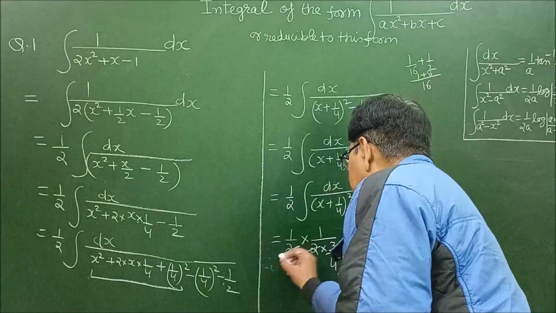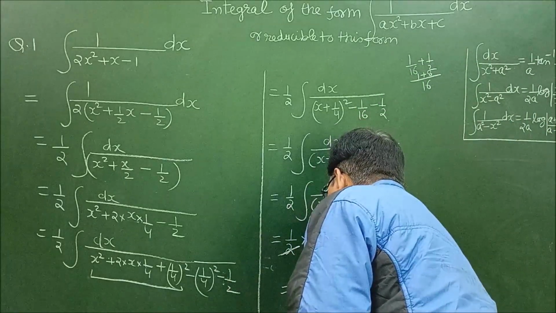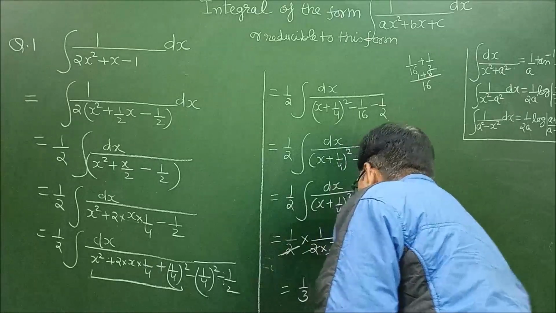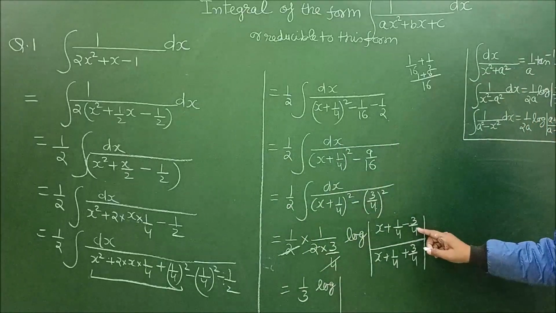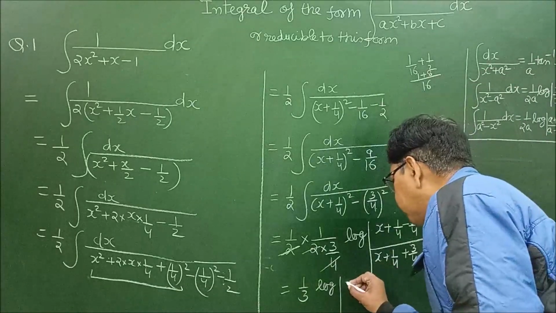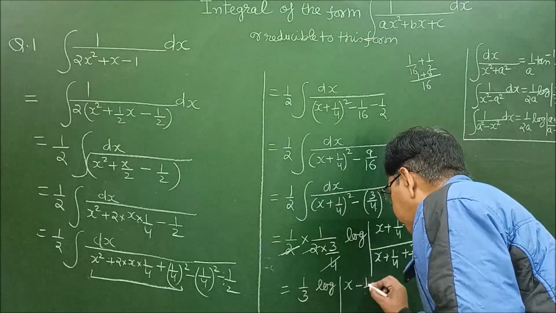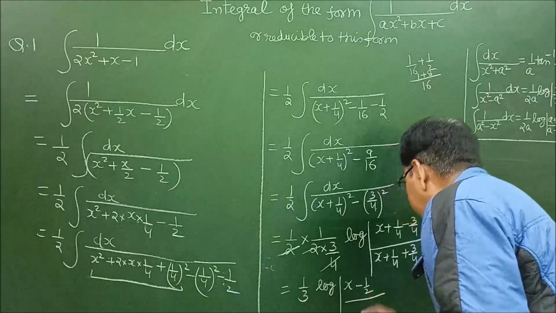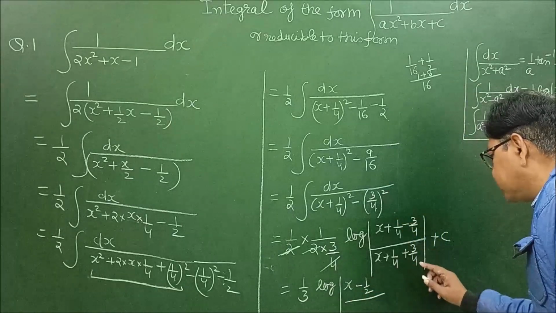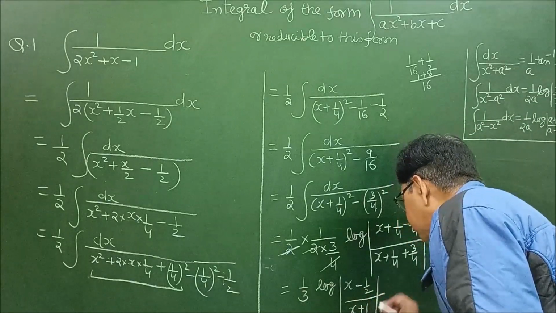Now this 4 and 4 cancel, so this is equal to 1 upon 3 log mod x minus 3 upon 4 plus 1 upon 4, that is minus 2 upon 4, x minus 1 upon 2, divided by 1 upon 4 plus 3 upon 4 equal to 1, x plus 1, plus c.